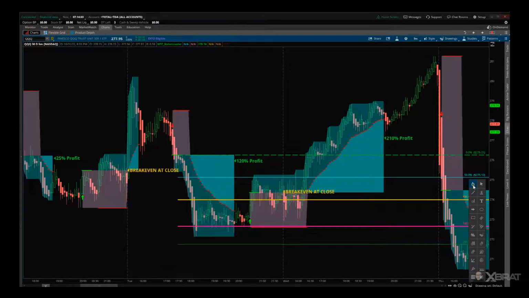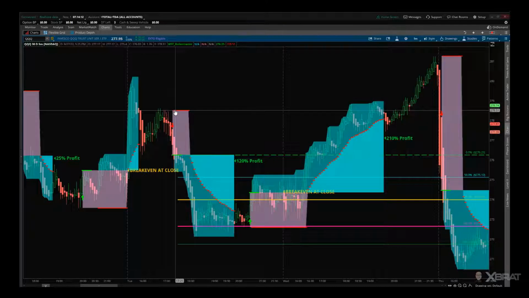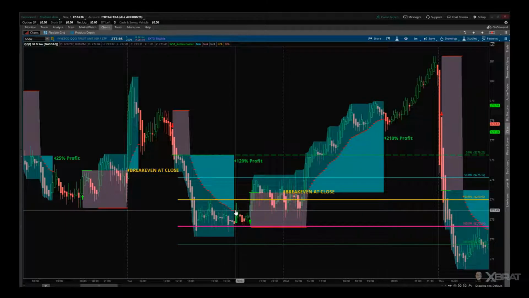Now, how we work this out is we have the stop, the entry, so that's one whole one, 100%. Okay, you see where the trailing stop was taken out here, that's around about 120%.